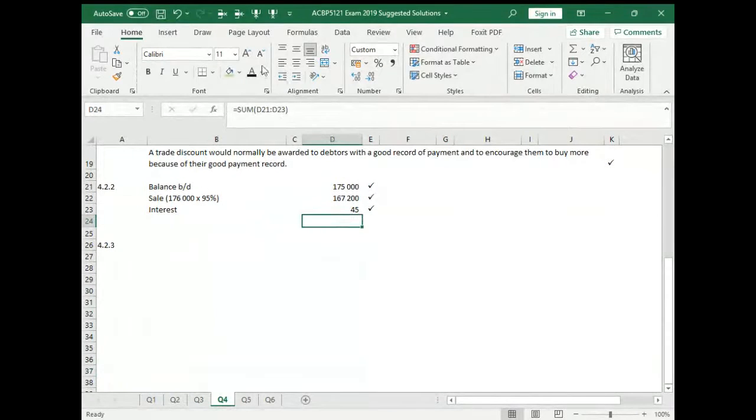If you sum all of that together, the total amount that needs to be written off would be 342,245 Rand. And that's how you would have calculated it.